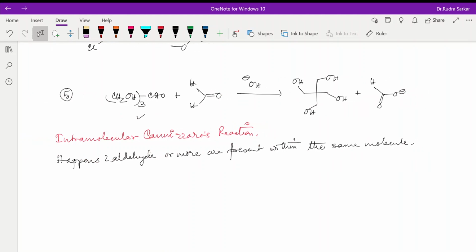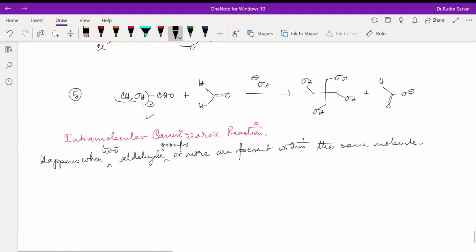Okay, so as I've said, this happens when two aldehyde groups or more are present within the same molecule.